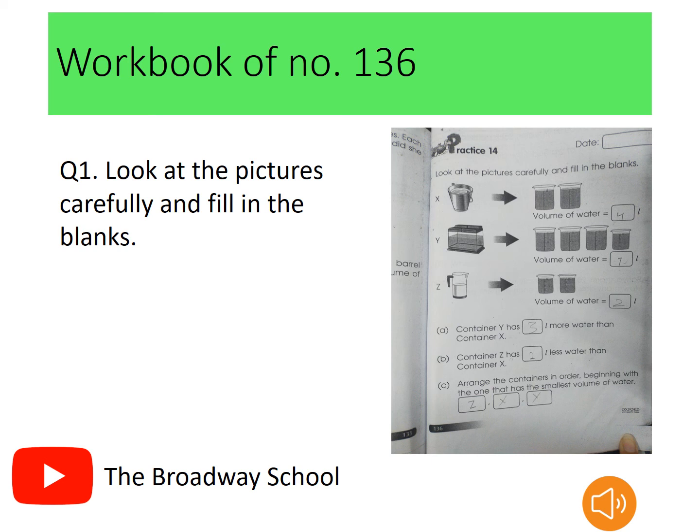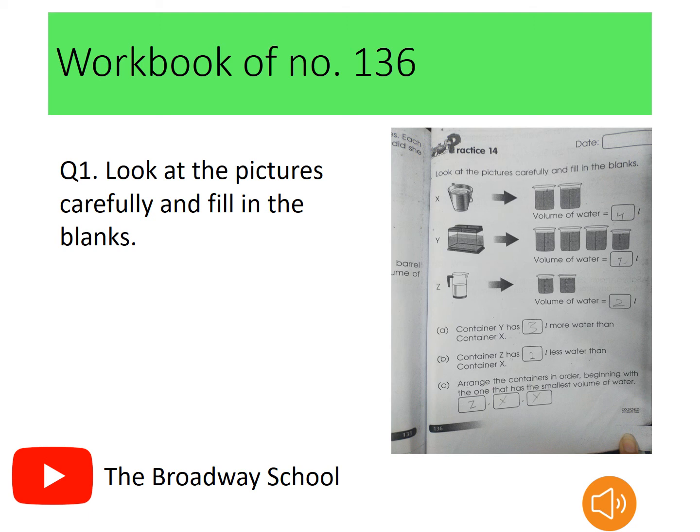Now a container Y has dash liter more water than container X. You can see in container Y we have 7 liter water, and in container X we have 4 liter water. So 3 liter more water will be the answer of this blank. Container Y has 3 liter more water than container X.